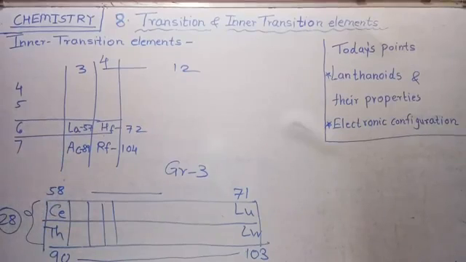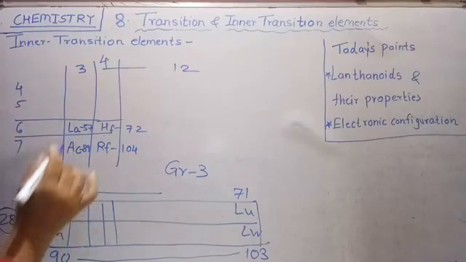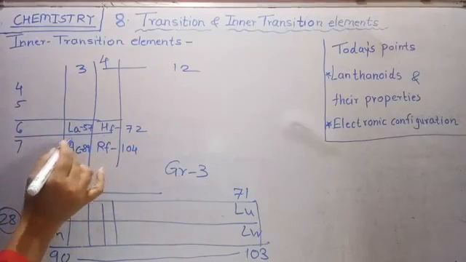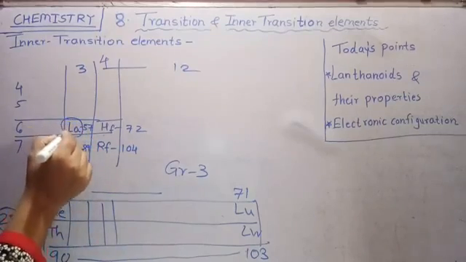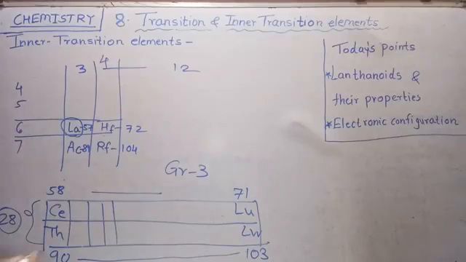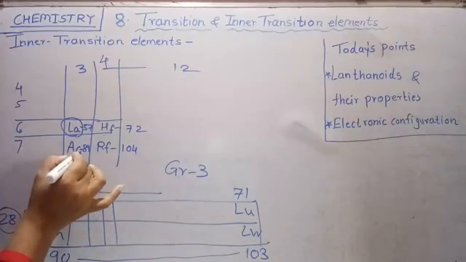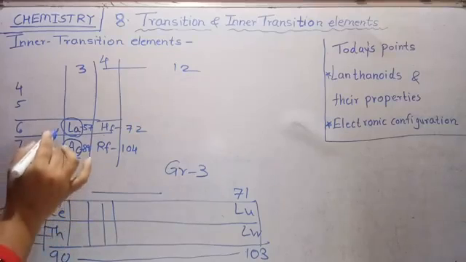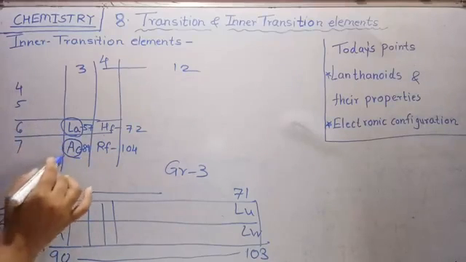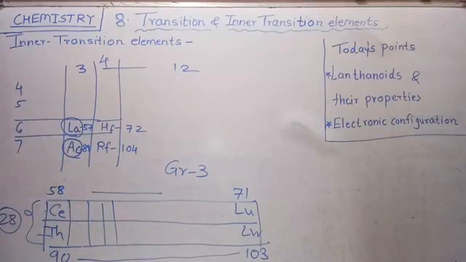Their actual position is group number 3. The first series of inner transition elements is followed by lanthanum, and the second series is followed by actinium. So the first series is called the lanthanoids and the second series is called the actinoids.